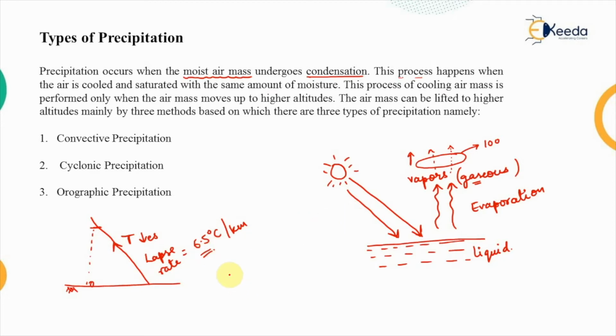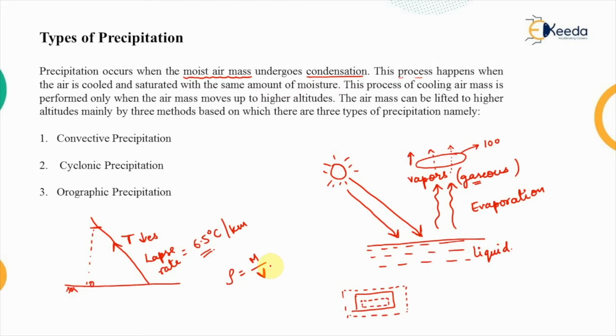And you know density is mass per unit volume. If we increase the temperature of a certain mass, there is a chance of its volume increasing, and if we decrease the temperature, there will be contraction in its volume.